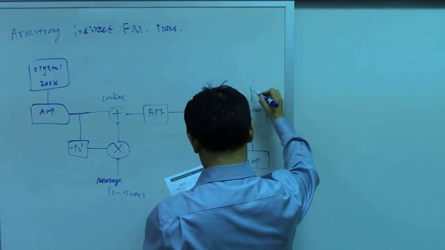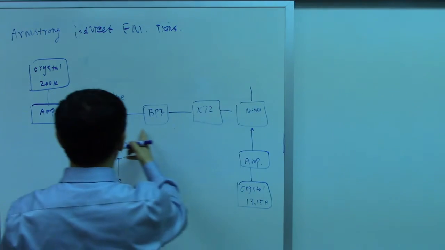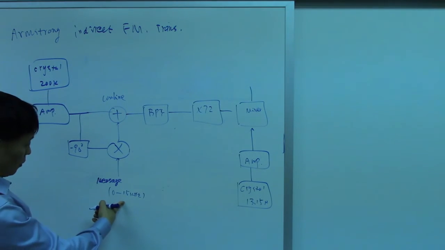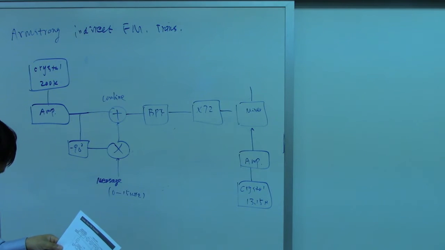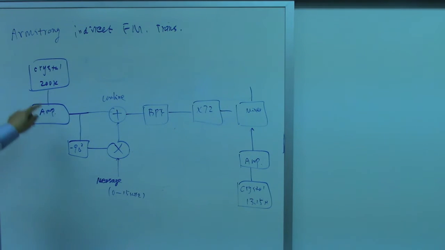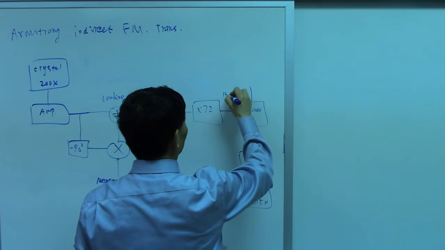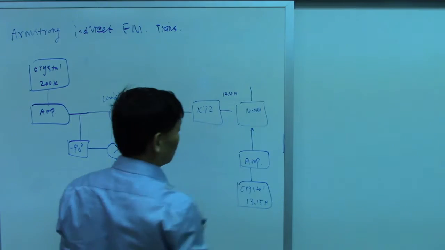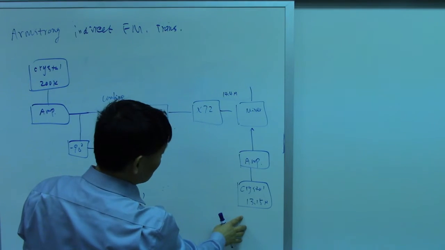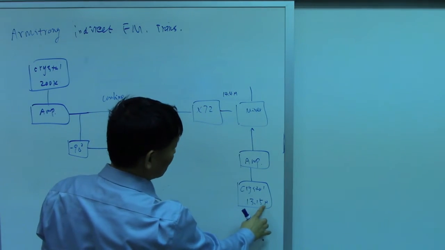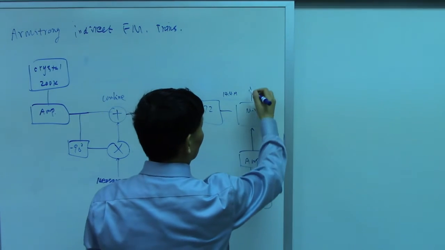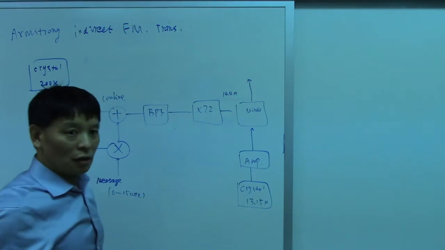So this one equals 200K multiplied by 72. So this one will equal 14.4 meg here. And this one equals 13.15. And at the mixer here, we use the difference.